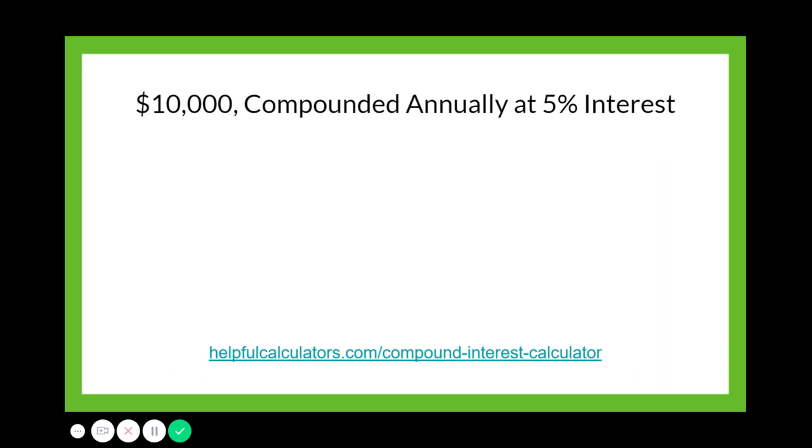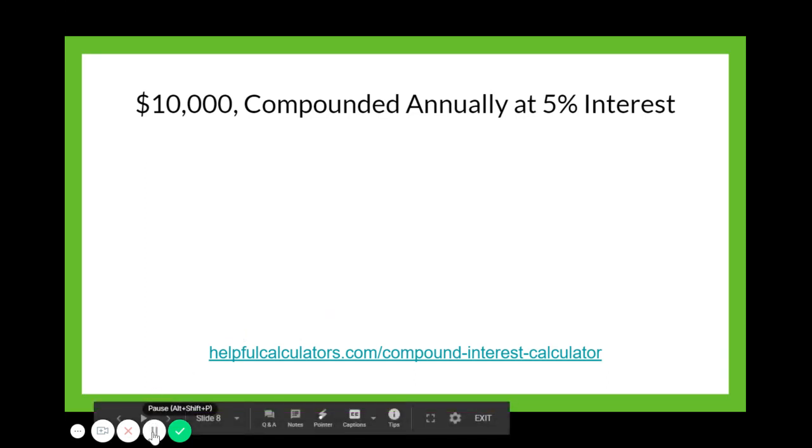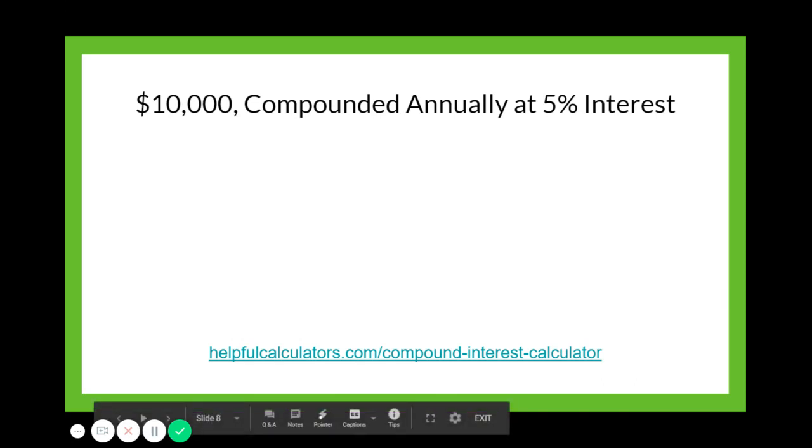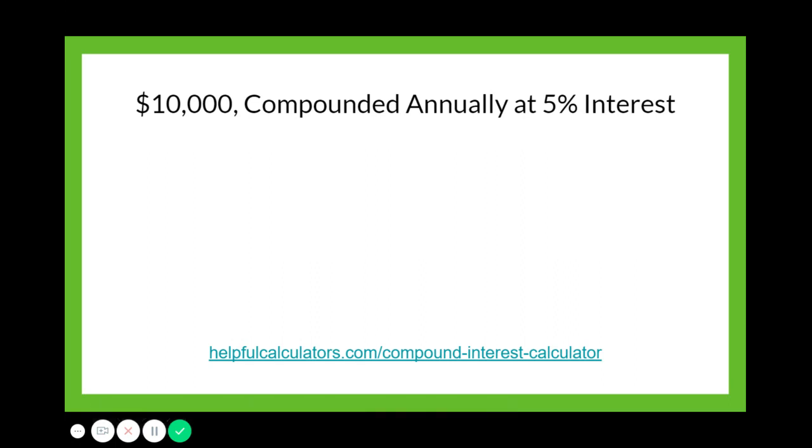So if you have $10,000 compounded annually at 5% interest, take a second now to decide, using the rule of 72, how long will it take for your money to double? You should have done 72 divided by 5, which would give you 14.4. So it will take you just over 14 years in order for your $10,000 to double to $20,000.